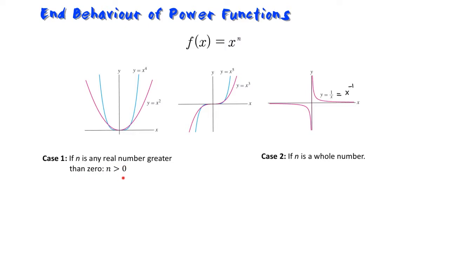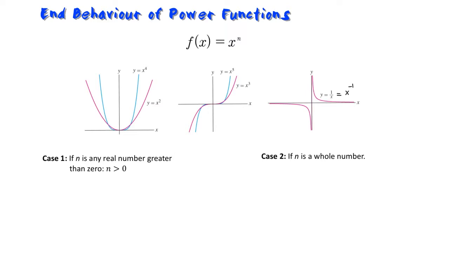So right here, n is greater than 0. Like in this case over here, the exponent can be 4, can be 2. The exponent can be even 1/2, 1/3, 7 over 5, any real number bigger than 0. I am not saying that n has to be a whole number, any real number.